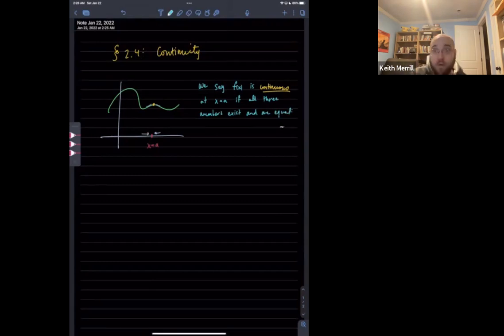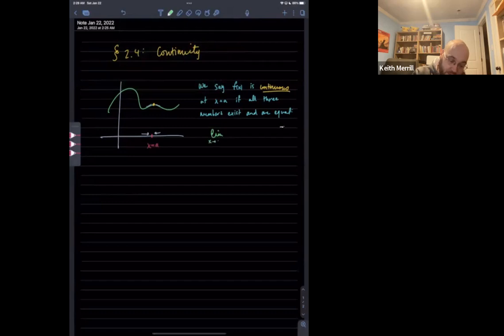Okay, and what three numbers were those? Well, again, we wanted to understand how did the function behave as we approach from below, how did the function behave as we approach from above, and what happened right at the function value at x equals a. So we need these three numbers to all exist and be equal.